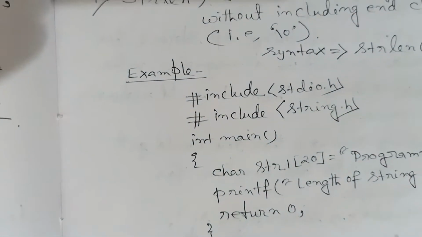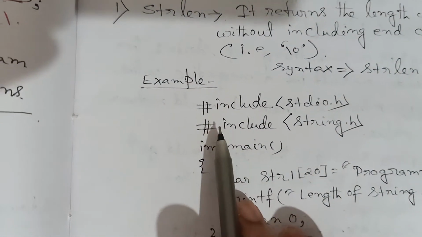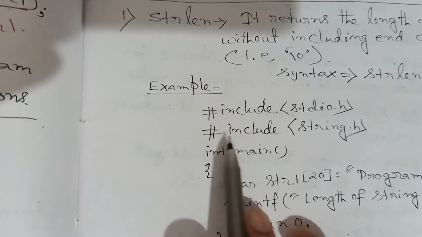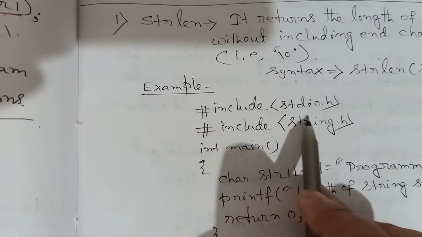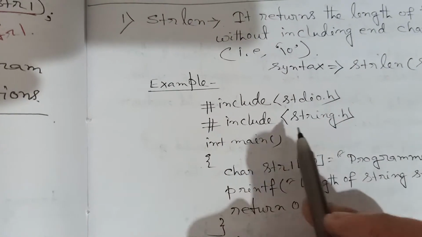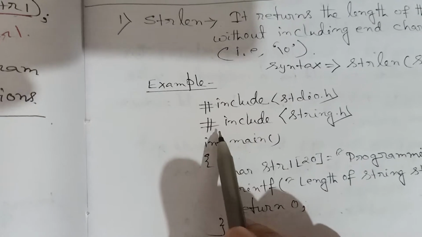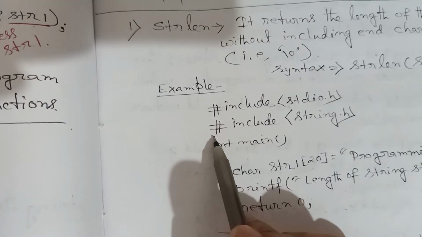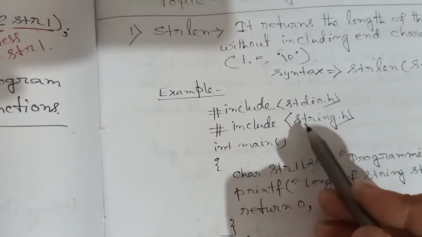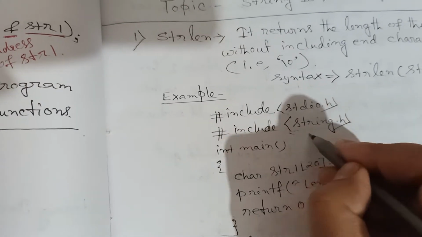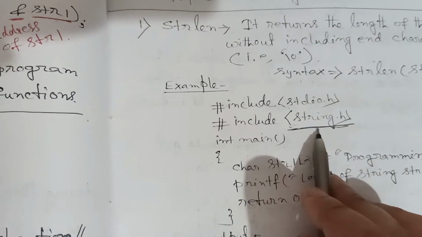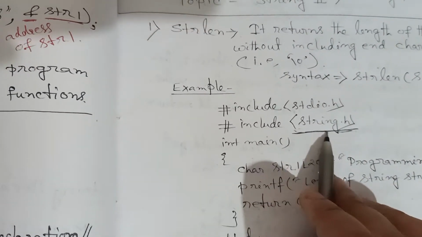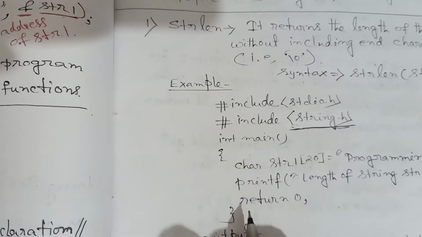And let's see an example using the C programming language. As we all know, #include stdio.h. Because we are defining a string here, we have to mention #include string.h. That means this header file contains all the string library functions.